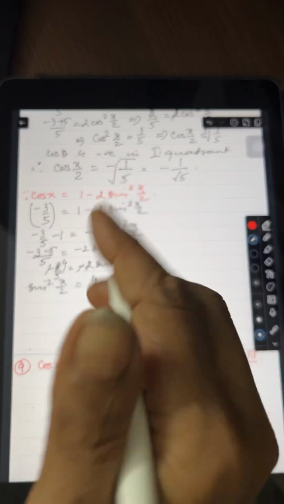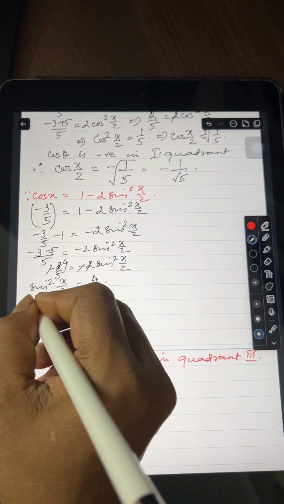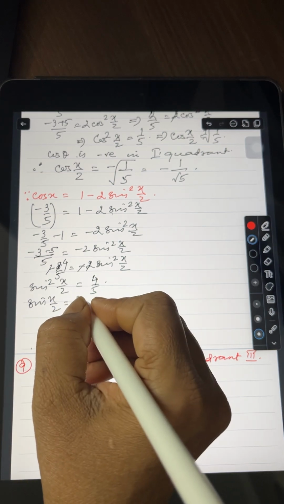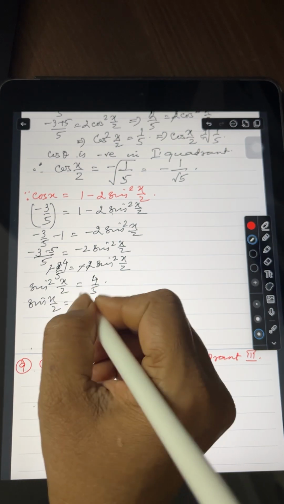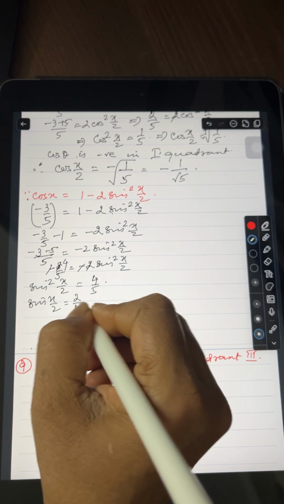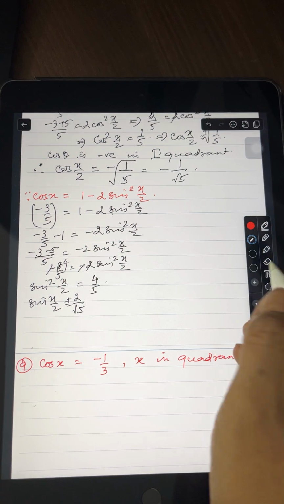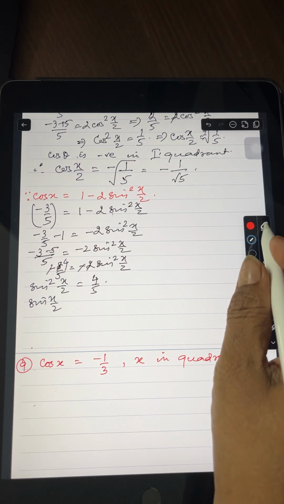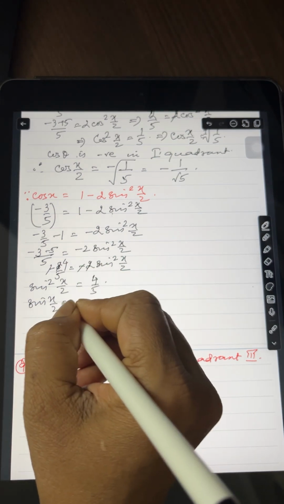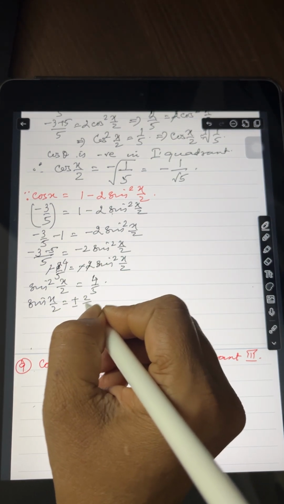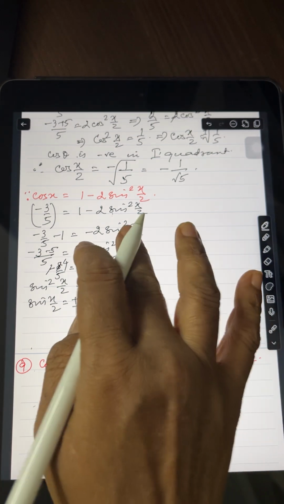But you have to find out sin x by 2. So sin x by 2 will become plus or minus 2 by root 5.